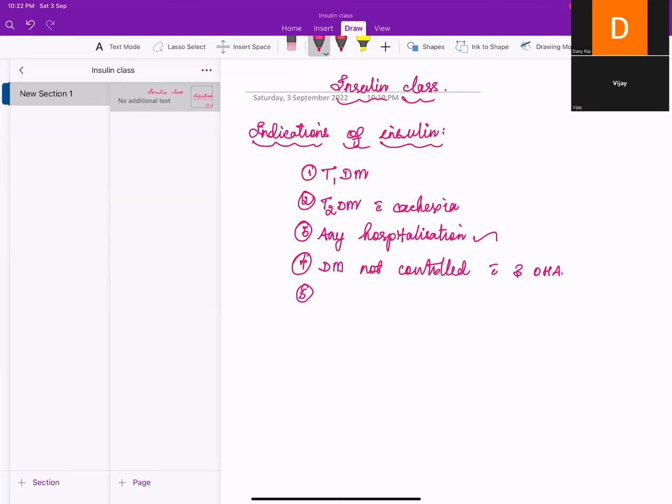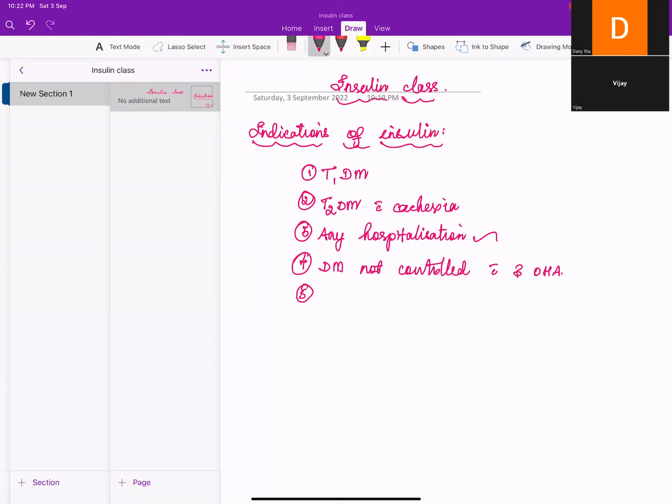When you add insulin, you should not give a few drugs. What are they? Those which cause hypoglycemia. Insulin causes hypoglycemia, so other drugs causing hypoglycemia should not be given.